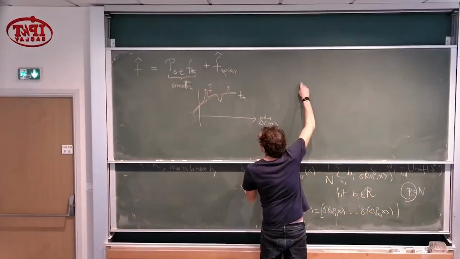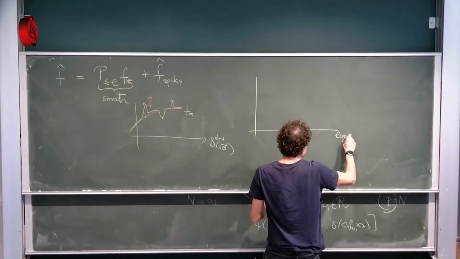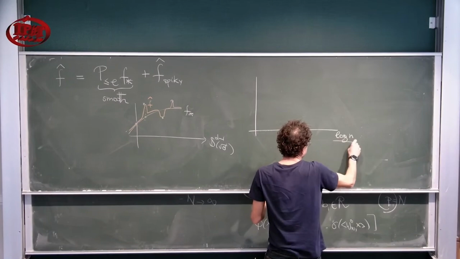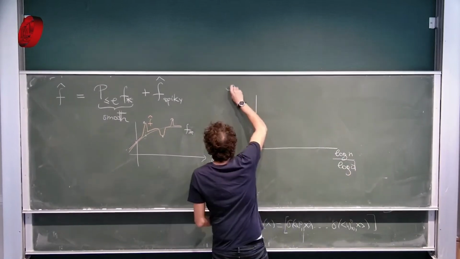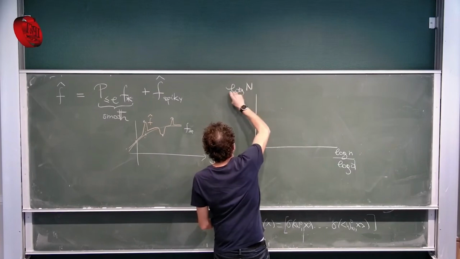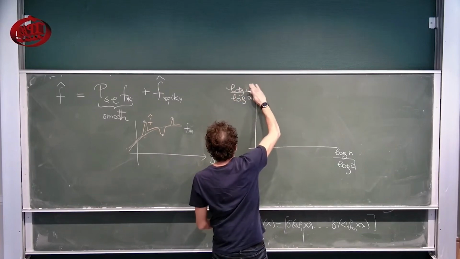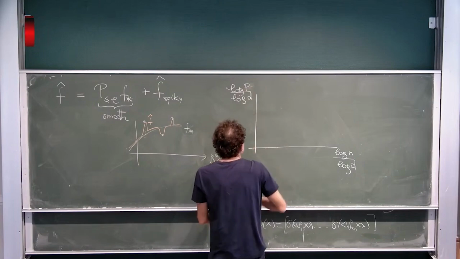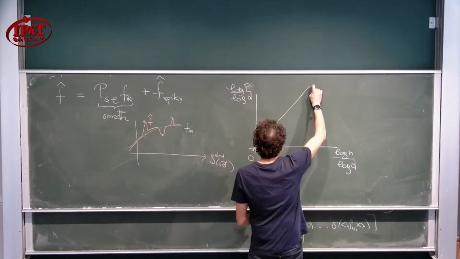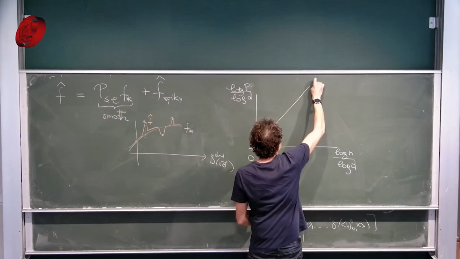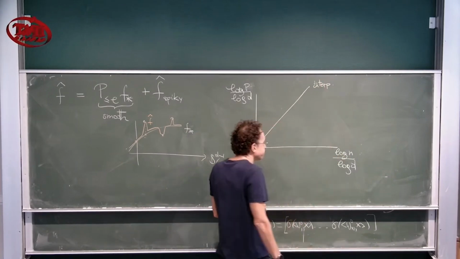It is useful to think of this plane, with n over log d on one axis. Here there is a line that is the interpolation line.